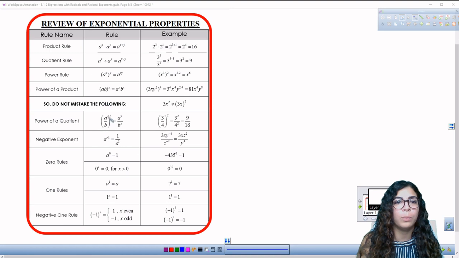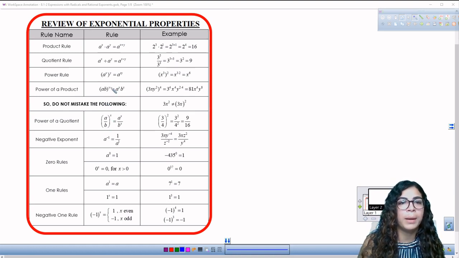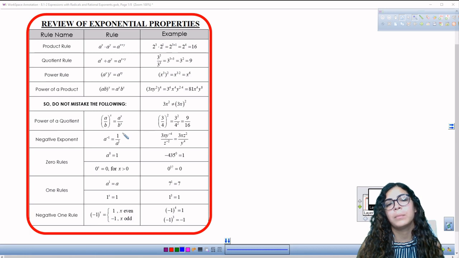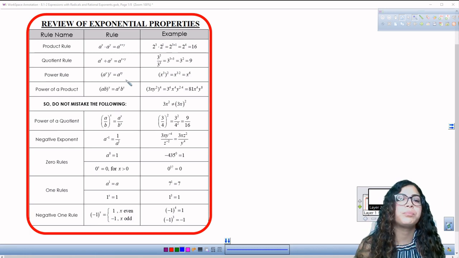So if you have one term, things either multiplying together or dividing, then you distribute that power to all of the things. So every number, and if there's a coefficient, to the coefficient, and also to every variable as well.